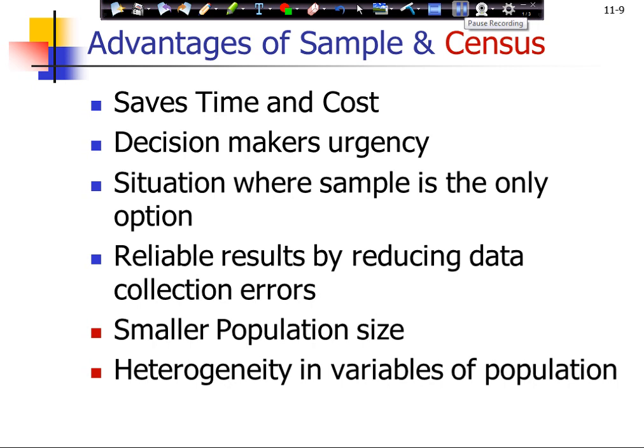Now let's study the advantages of sample. The first advantage is sample always saves time and cost. Let's pick up an example that we are interested in estimating the monthly average household expenditure on food items by the people of Delhi. It is known that the population of Delhi is approximately 1.2 crores.